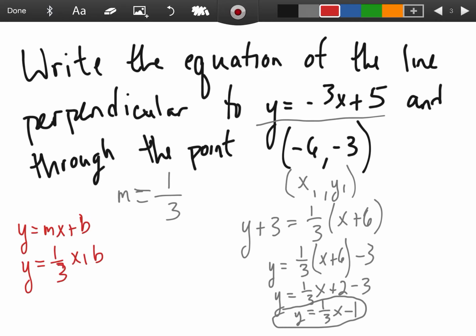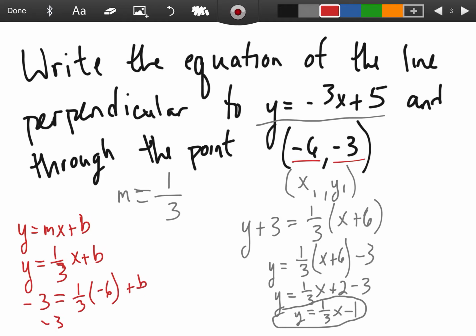And then I'll just use the point negative 6 and negative 3 as an x, y pair to solve for b. So I'll plug in negative 6 for x, negative 3 for y. So negative 3 equals 1/3 times negative 6 plus b.